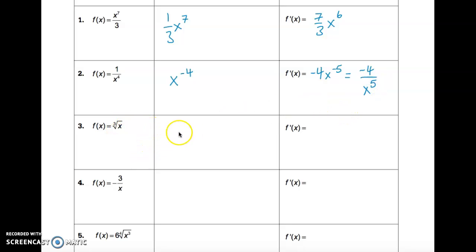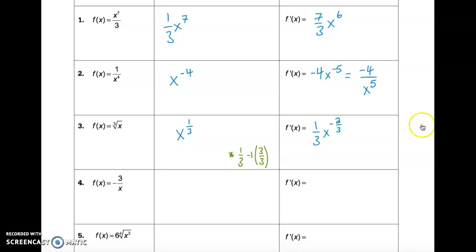In this one, we have the cube root of x, so that's secretly x to the 1/3. Its derivative would be 1/3 x to the -2/3, because remember, we're secretly doing 1/3 minus 1, and then give it common denominators. So really, we're doing 1/3 minus 3/3, which is -2/3.